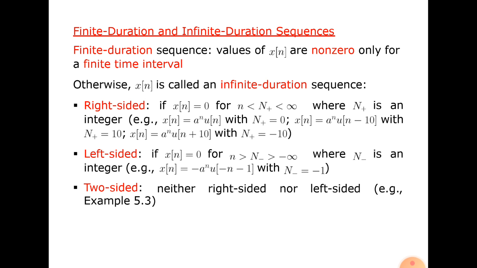For example, x of n equals a to the power n into u of minus n minus 1, and x of n equals minus a to the power n into u of minus n minus 1. So that is left sided.